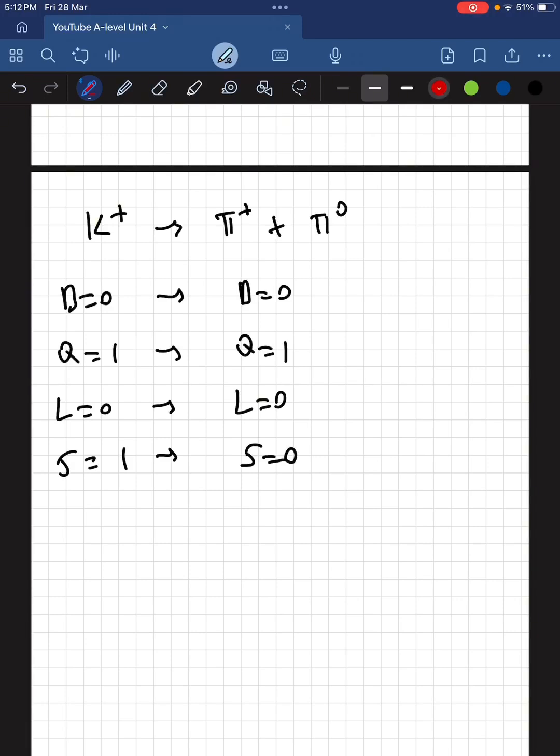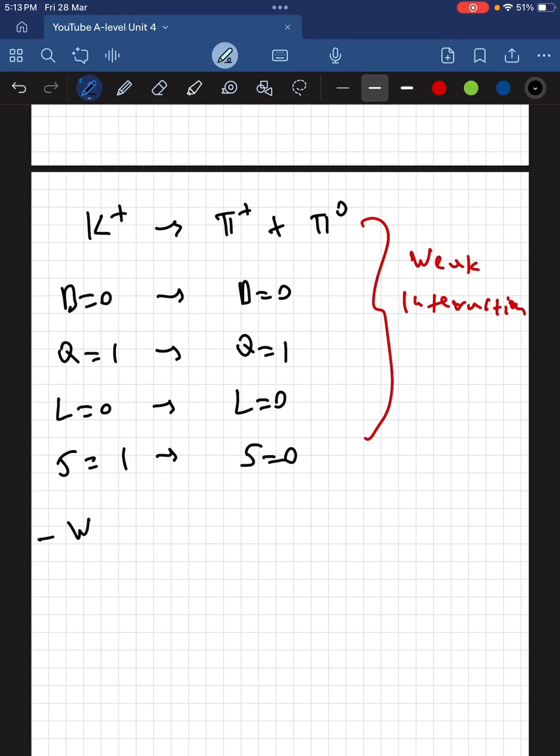So this reaction proceeds via the weak force, because it violates strangeness. In strong and electromagnetic interactions strangeness is conserved, so because it's not conserved, we know immediately that this is a weak interaction. I hope this makes sense.